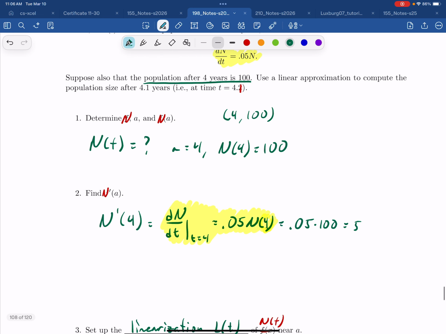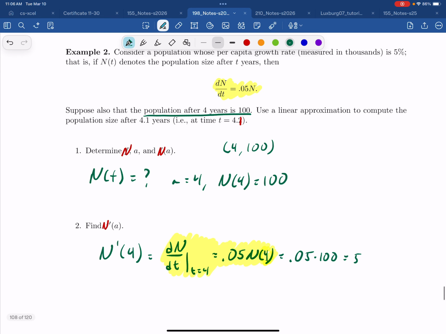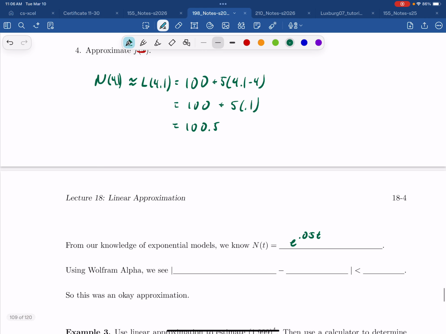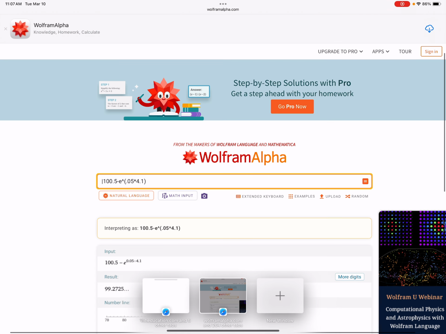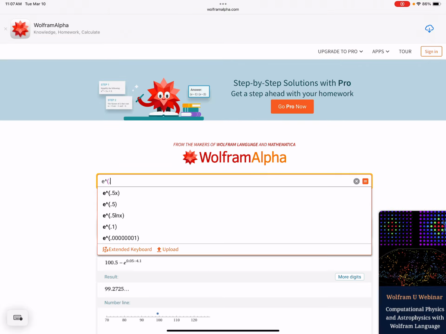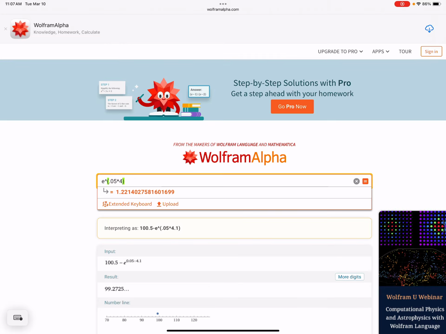Oh, you know what? I think I'm missing the fact that the population after 4 years is 100. So we have a data point, so we actually could solve for a coefficient there, I think. Let me just see one sec. What is e raised to the 0.05 times 4? That's going to give 1.22.